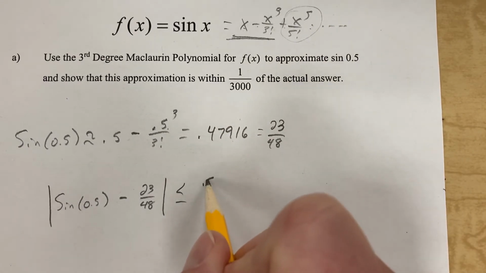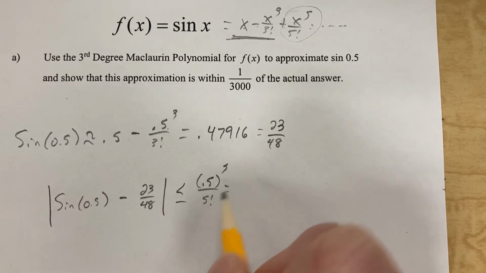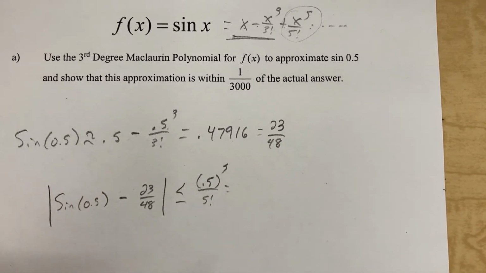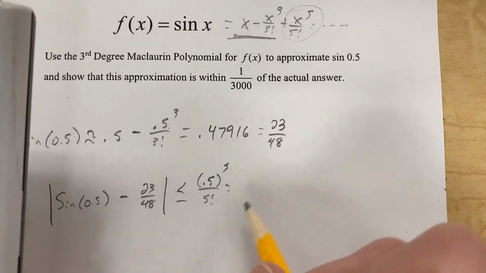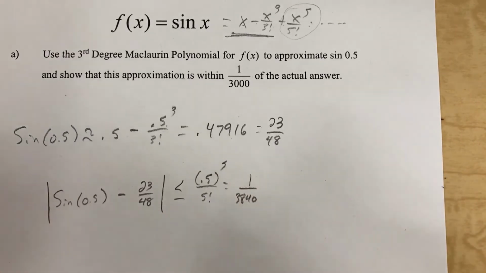So I can go 0.5 to the fifth over 5 factorial, okay? I take the calculator and go 0.5 to the fifth divided by 120, and change that to a fraction. It's 1 over 3,840.